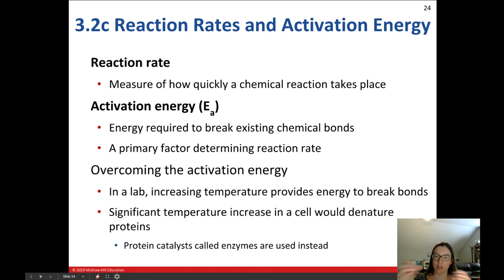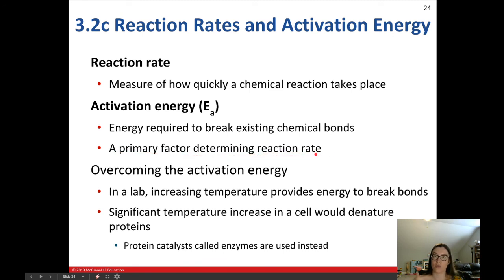We said before that before the reaction happens, we have to break the bonds that are already there in order to make new bonds. And so we always need to add a little bit of energy at the beginning to break those bonds. This activation energy, a big E with a little a down there, is a primary factor in determining the reaction rate.